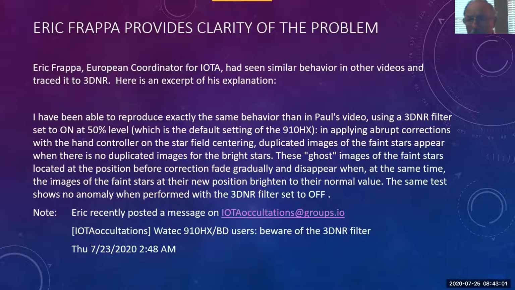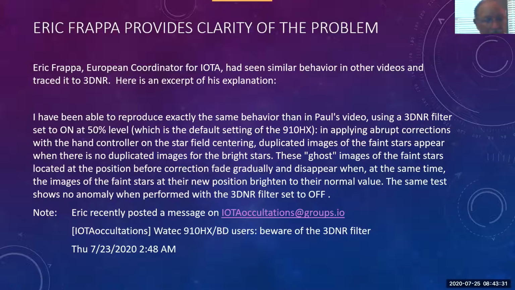So these ghost images of the faint stars located at the position before the correction fade gradually and disappear, while at the same time the images of the faint stars at the new position, where he just moved the telescope, brighten to the normal value, but they do it gradually. The same test shows no anomaly when performed with 3DNR filters set to off.